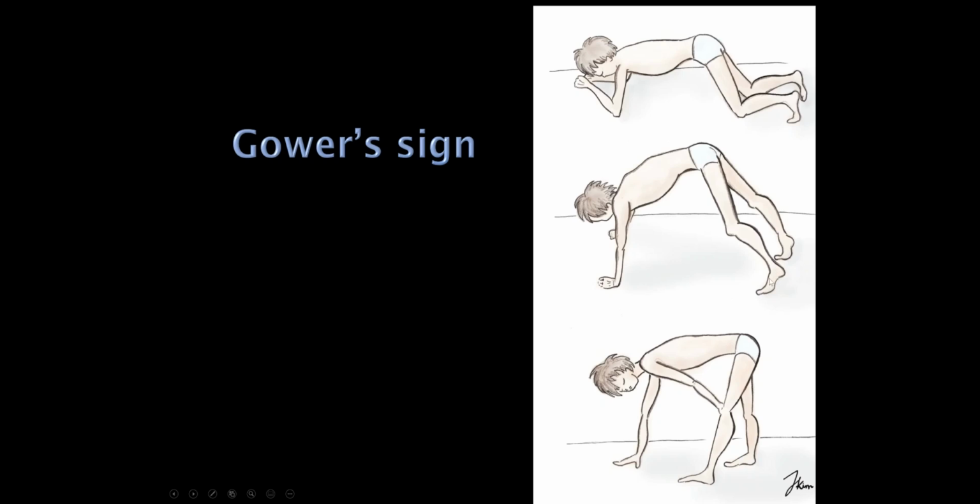So they will stand up on their tiptoes, and then they will walk up their legs using their arms and proximal muscles to kind of inch up the thighs to stand up. This unique way of standing suggests severe proximal muscle weakness and is called the Gowers sign. It can be seen with a variety of muscle diseases, but most commonly Duchenne's muscular dystrophy.